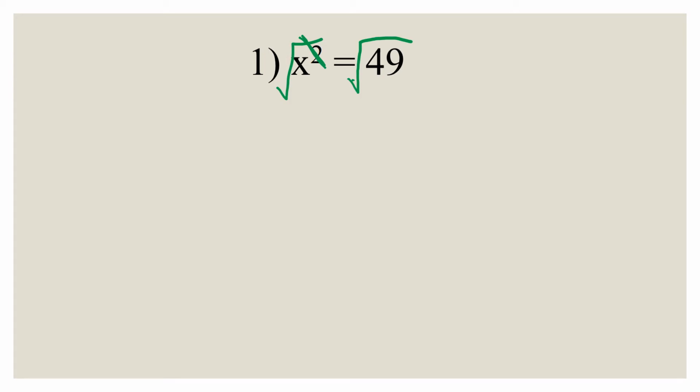But the square root of x squared is x. And the square root of 49 is 7. But now that we're moving forward, it needs to be a positive 7 or negative 7. And the reason for that is because negative 7 times negative 7 is 49.